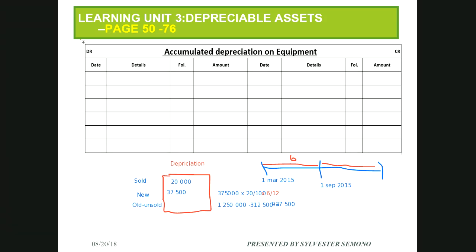Remember when we were depreciating from the 1st of March 2013, we had 2 depreciations. Remember them? The first one, until the beginning of the year. So we had 62,500, and we had 50,000. Remember those? And all in all, they were how much?